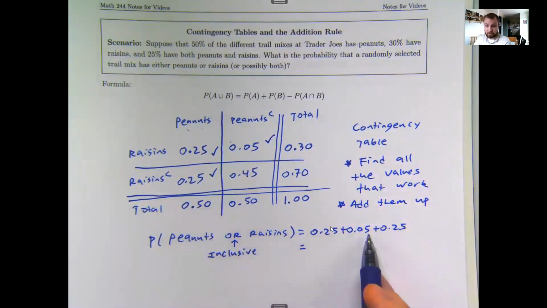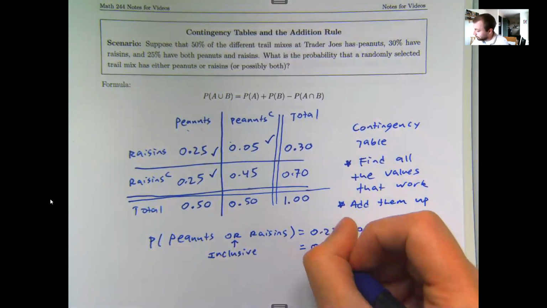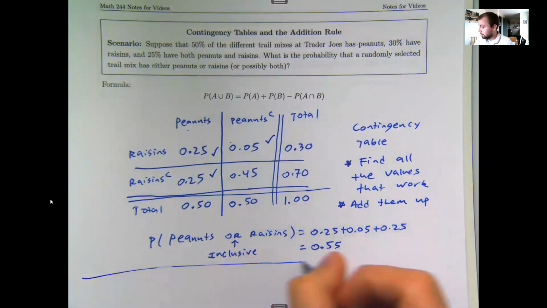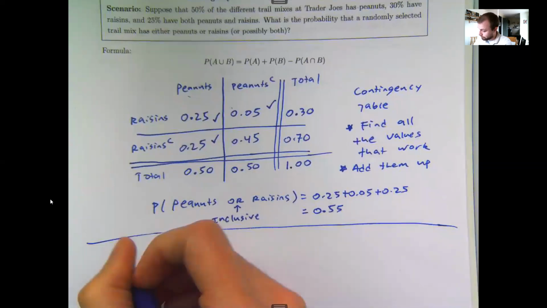This gives me 30. 30 plus 25 gives me a total of 55% of these trail mixes have either peanuts or raisins, possibly both. I like these visual ways of seeing it because if any of my numbers are wrong, I can adjust that pretty easily. But I also want to show you the addition rule.